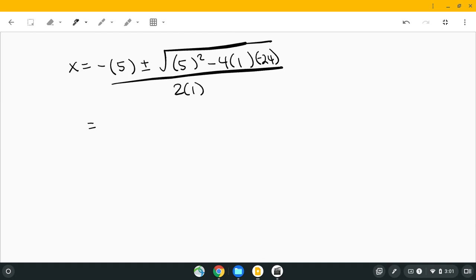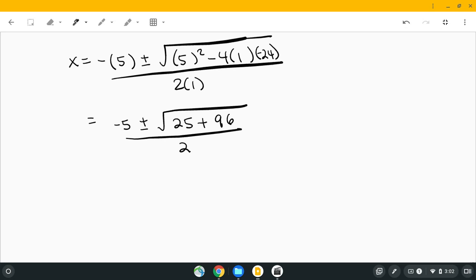Working this out, that's negative 5 plus or minus the square root of 25, and that is going to be plus 96, so negative times negative becomes positive, and that's 96 all over 2.